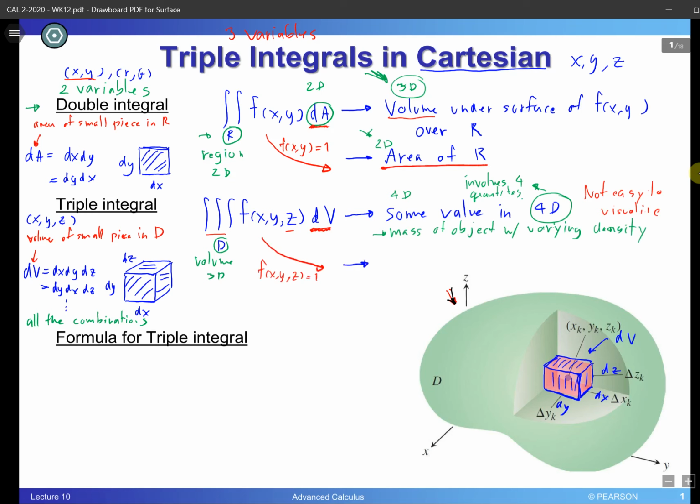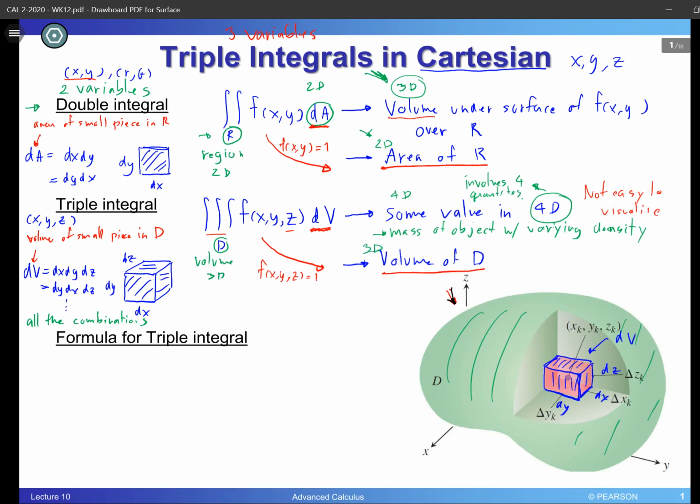It's going to be the volume of D. So basically it's going to be the volume of this green object right here if you set the function value to 1. Okay? Now this is just similar to what we had before, but this is going to be 3D.